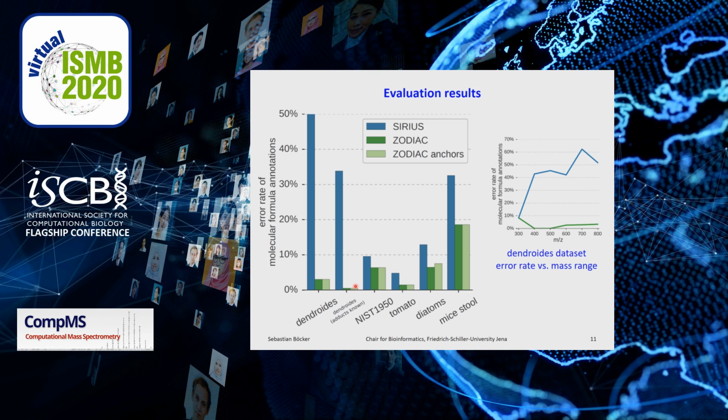So if we give that to the method and if we don't make any errors on that part, then the error rate of ZODIAC on this data set decreases to almost zero. Also, and that is shown here for the dendroids data set, we improve the error rate across the complete mass range.